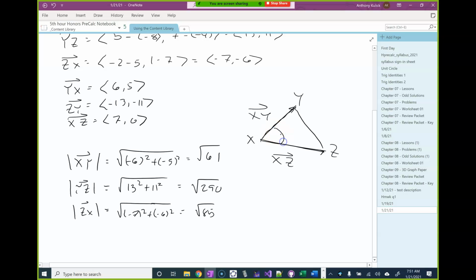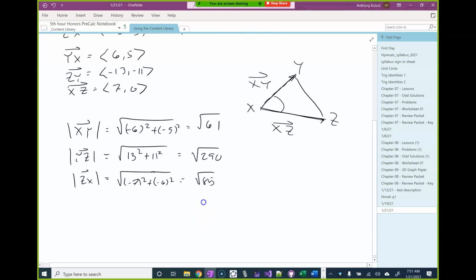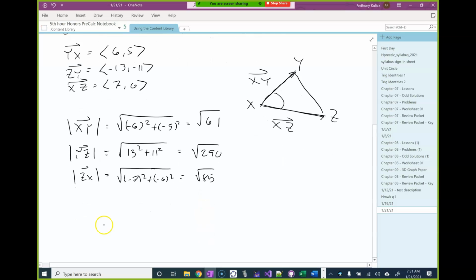That will get me this angle x. Okay with that plan? So I'm going to use the angle between two vectors formula, which we covered in the notes last time. So that says theta is cosine inverse of u dot v over the magnitude of u times the magnitude of v.